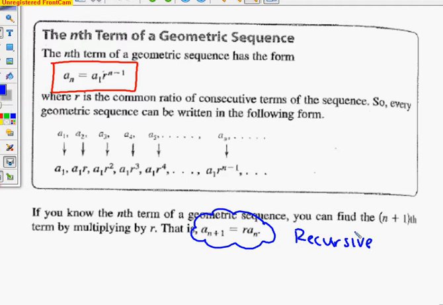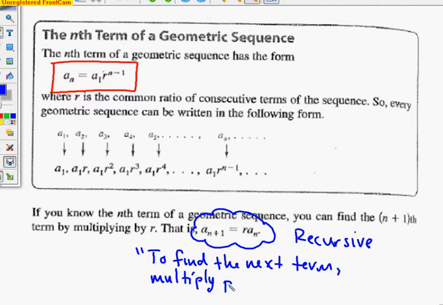And again, in layman's terms, to find the next term, multiply the previous term by r. There we go.